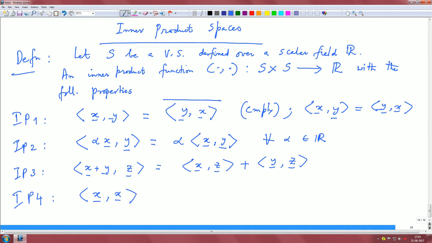Since this is the Cartesian product of the vector space, I can pick the other vector y to be x itself, and I take the inner product of x with x.